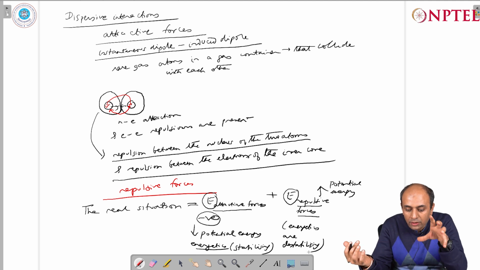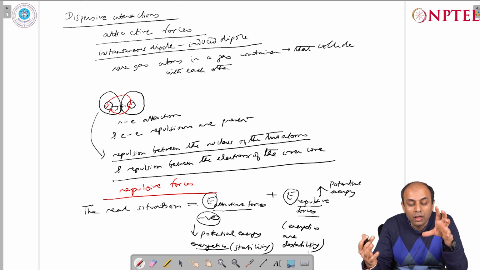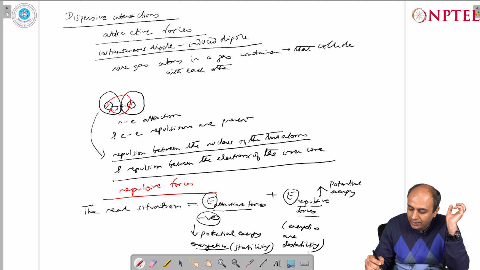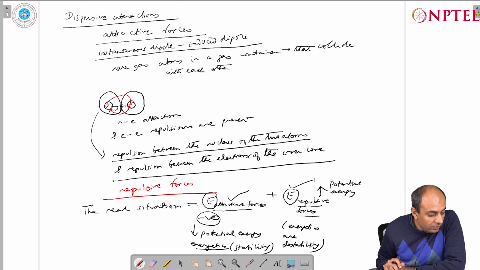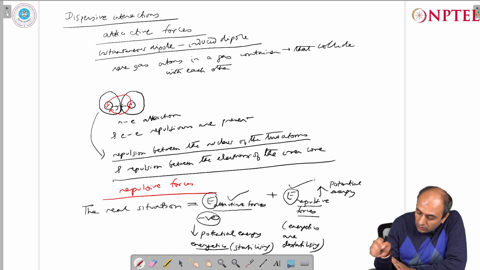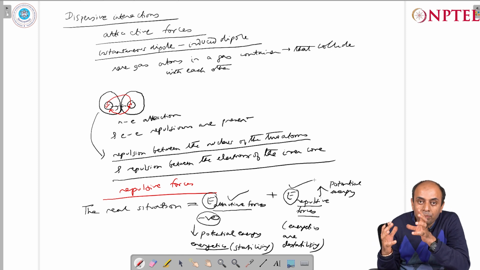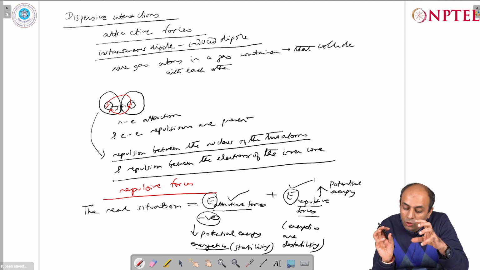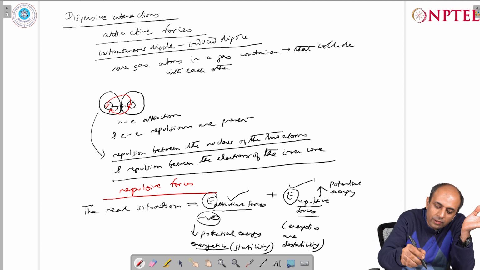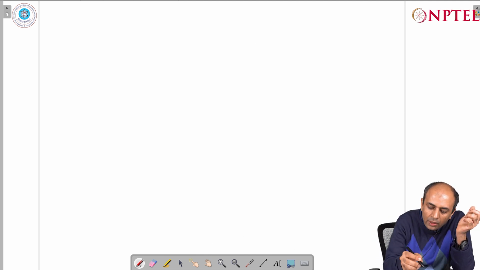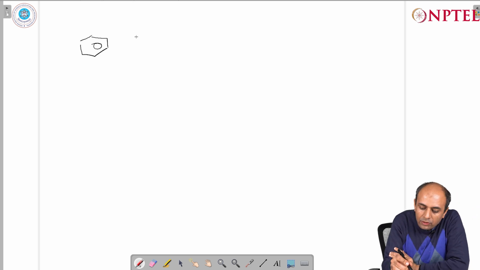And this overall constitutes the concept of dispersive interactions, where you have an attractive component and you also have a repulsive component. Now it is very important to keep in mind that similar forces also operate between molecules. For example, you can take a benzene ring and then you have another benzene ring.